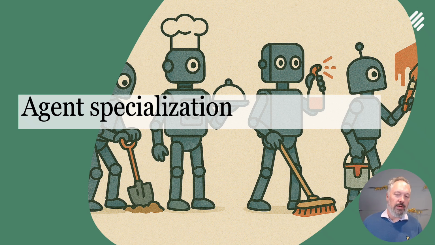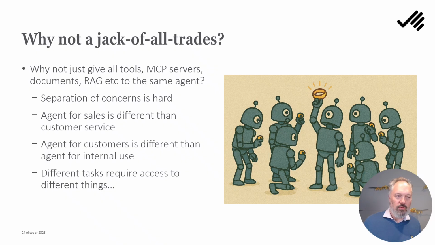Okay, next topic: agent specialization. And just like humans, we do think that it's better to have specialized agents that do specific things. So why not have one agent to rule them all, or a jack of all trades agent, an agent of all trades?